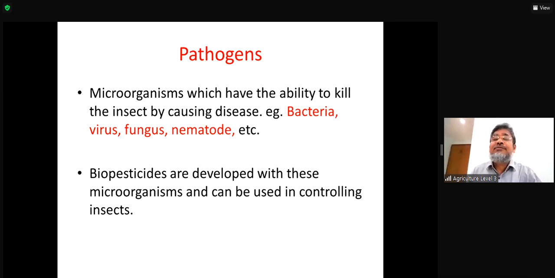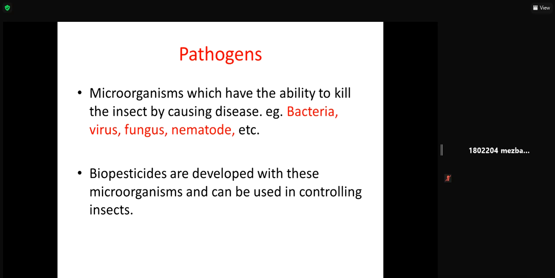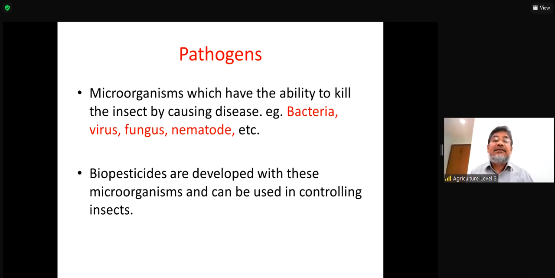This type of situation is happening in insects. Sometimes it may so happen that of the insects attacked by a virus, not a single insect will survive. A large number of insects will be killed by bacteria.